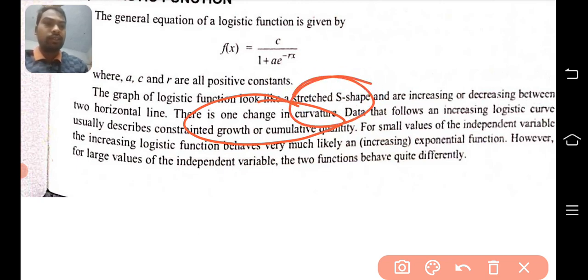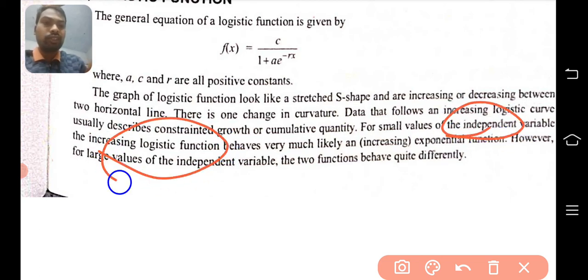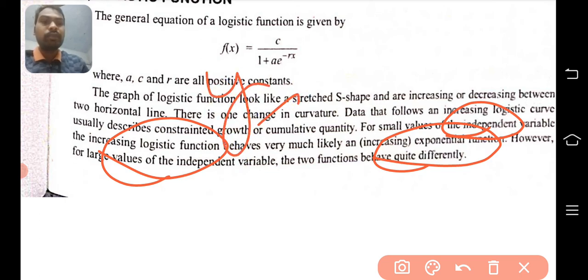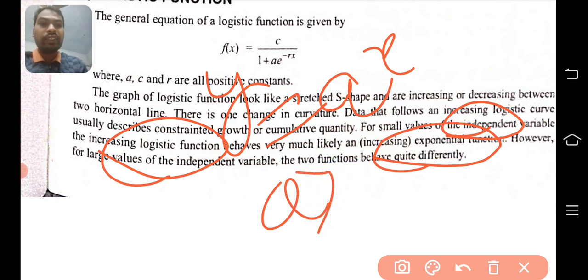So for small values of the independent variable, the increasing logistic function behaves very much like an increasing exponential function. Like the increasing exponential function we talked about, a to the power x, where a is greater than 1.